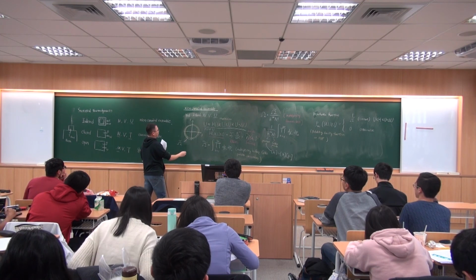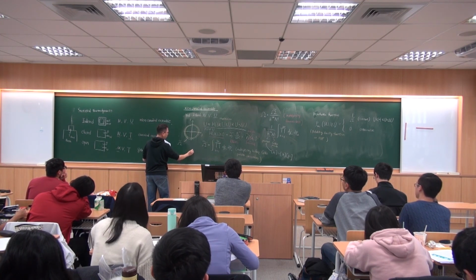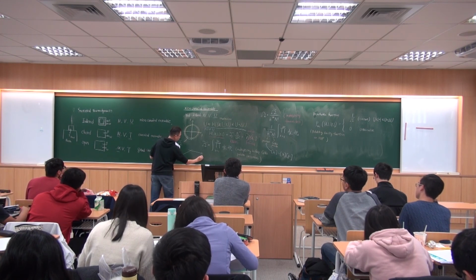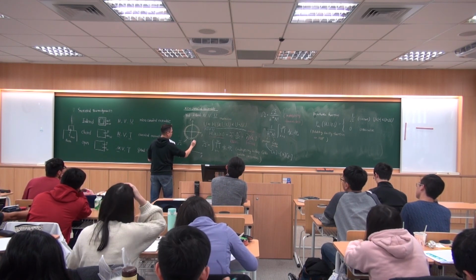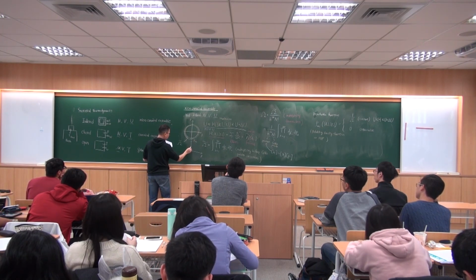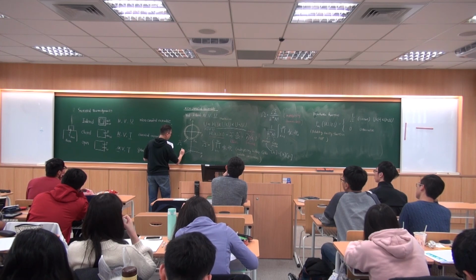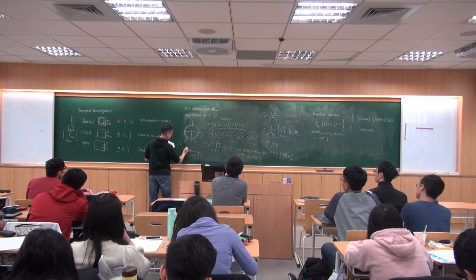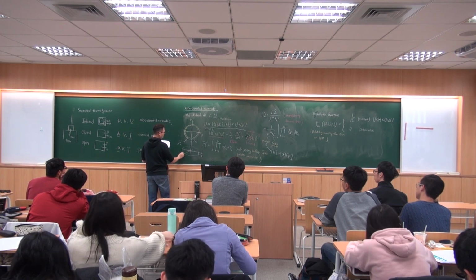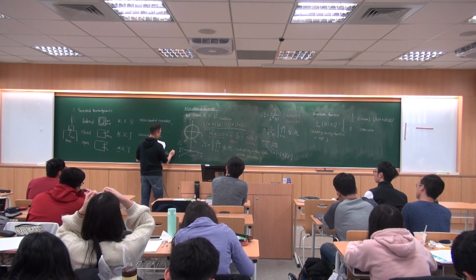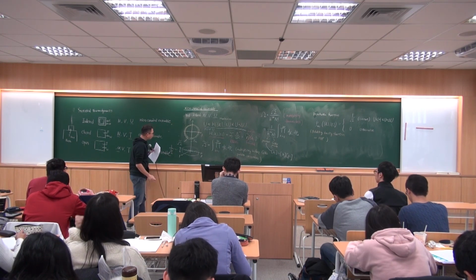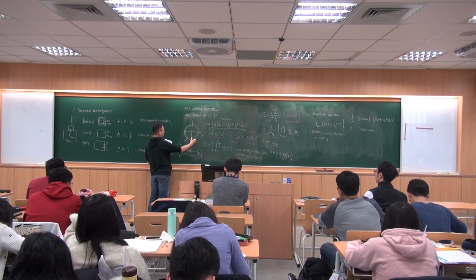Or if you want to plot this in 3D, with P and Q, and this function is rho, microcanonical ensemble, it will be something like this. The height of this one is 1 over omega tilde.